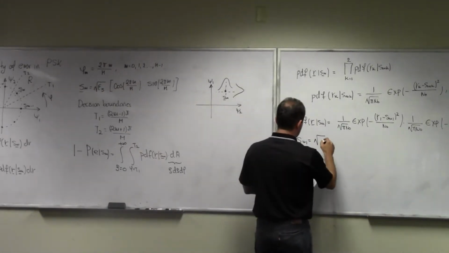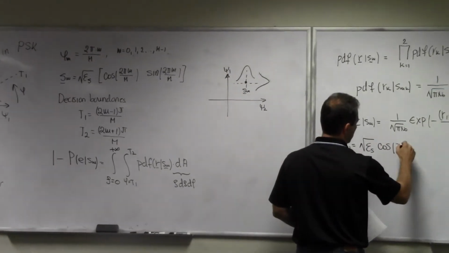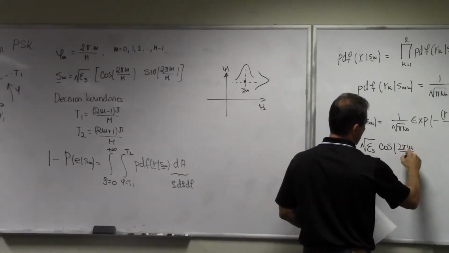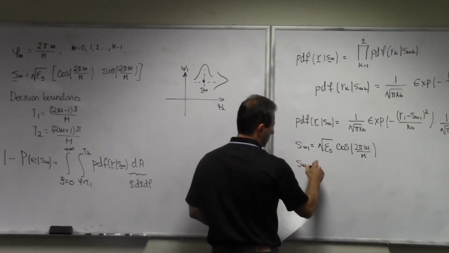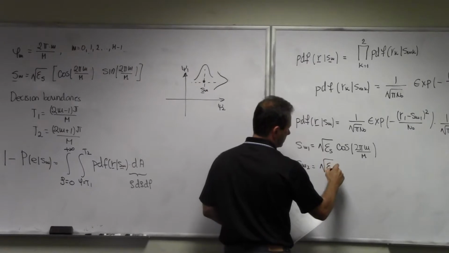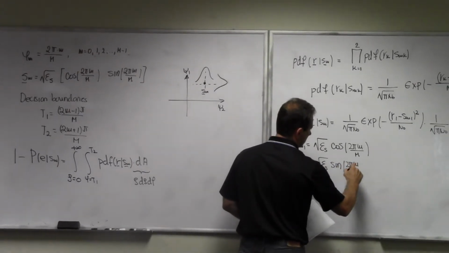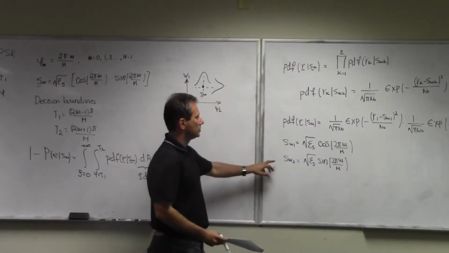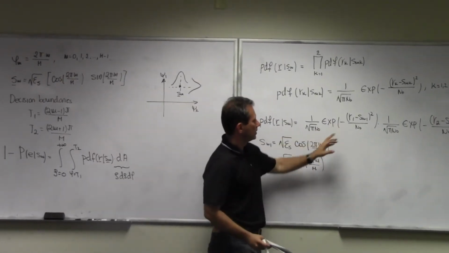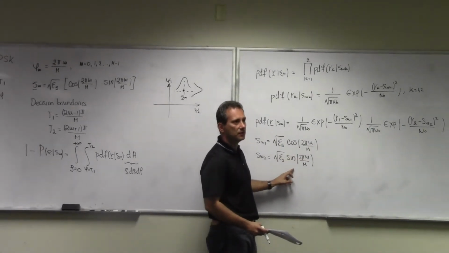Sm1 is the square root of epsilon s cosine of 2 pi m over M, and then Sm2 is the square root of epsilon s sine of 2 pi m over M. These are the two coordinates associated with this point Sm. This is the projection on psi 1, and this is the projection on psi 2.